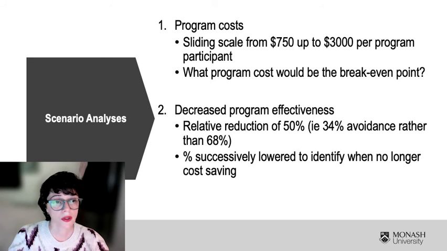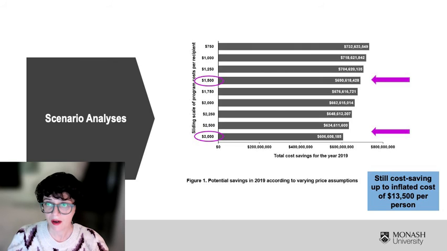We also looked at what cost the program would no longer be cost effective. We also looked at the options if we decreased the program effectiveness by 50%, and at what proportion the program would still be cost saving if implemented at the national level. So here are the scenario analyses.